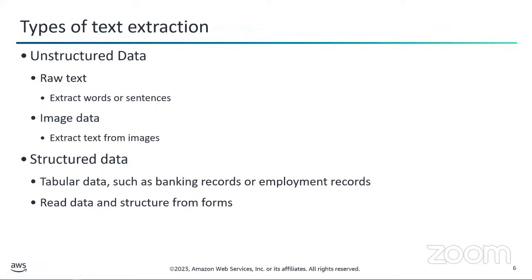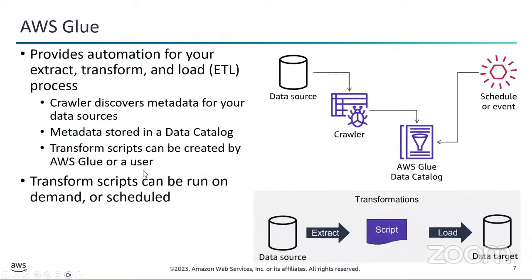It is called tabular, usually stored in a tabular form. For example, banking records, employment records, inventory records. Before the cloud, most of the data was stored in a structured form in databases. And you can also read data from forms and convert it into structured data.